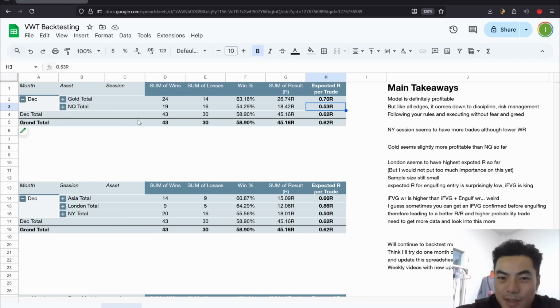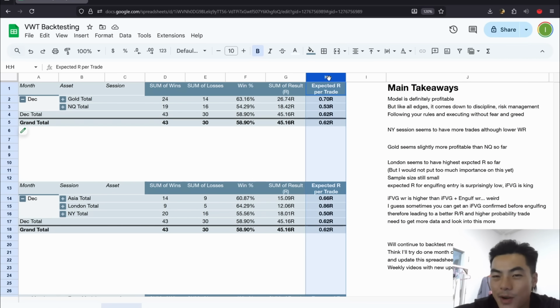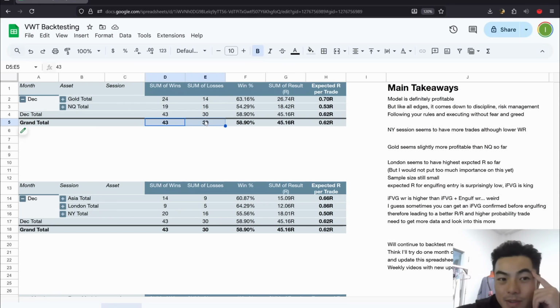It's essentially just the total result in R divided by total trades. That's the main figure we want to look at when determining how profitable a system is. So gold did look a bit better, but obviously it's still a small sample size, so I can't say too much about that yet. And then we'll look at the second table here.